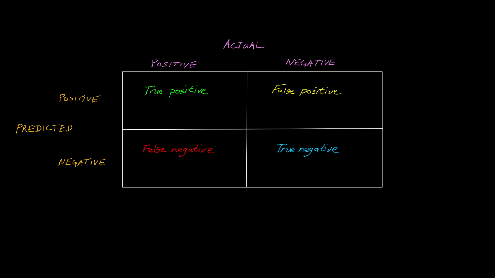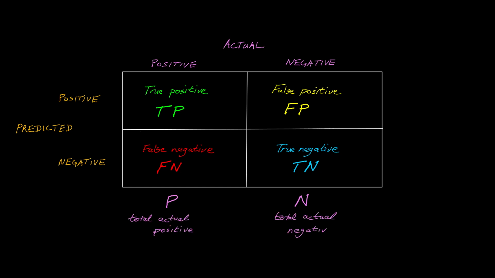Before we carry on, let's add some fairly obvious acronyms which will be useful to us when we start working with the equations for the various evaluation metrics that we extract from the confusion matrix. Then let's do the column and row totals. We will use P and N to represent the total actual positive and negative outcomes.